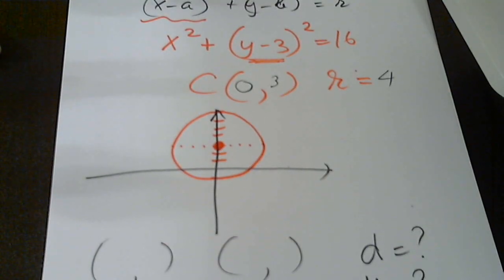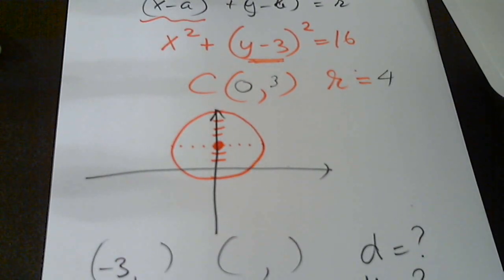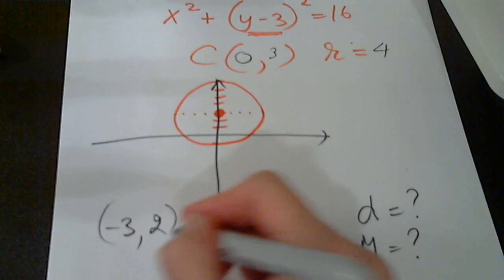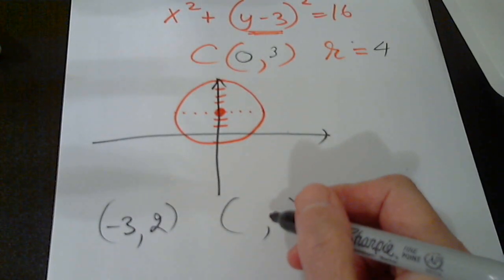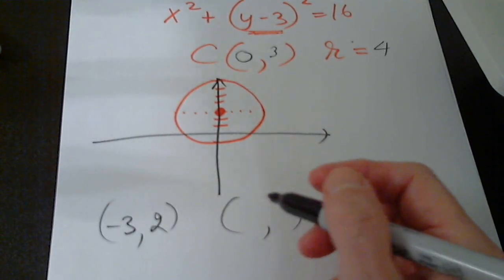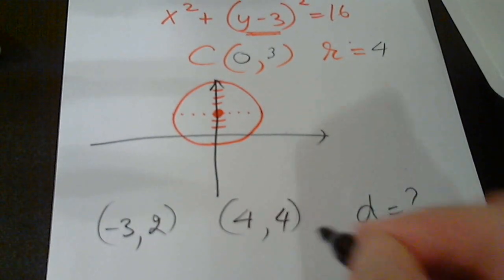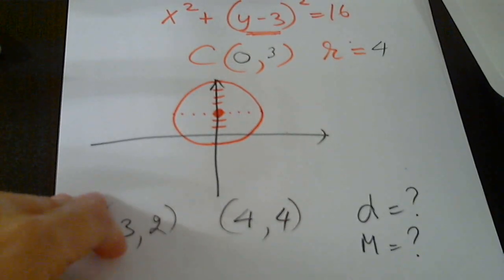Any 2 ordered pairs you can think of. -3 and 2. Okay. And 4. Okay.